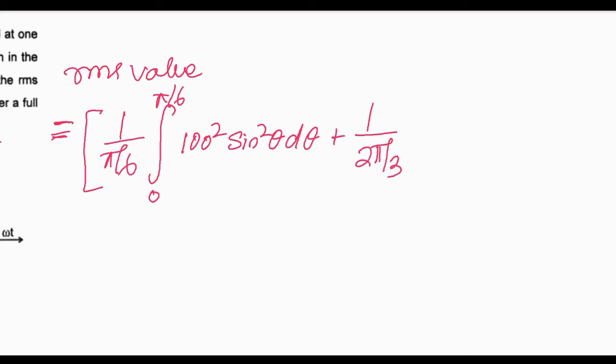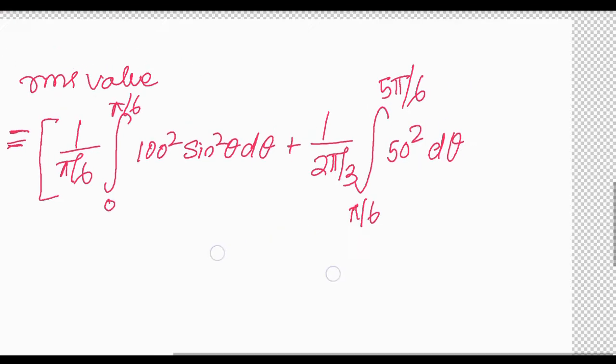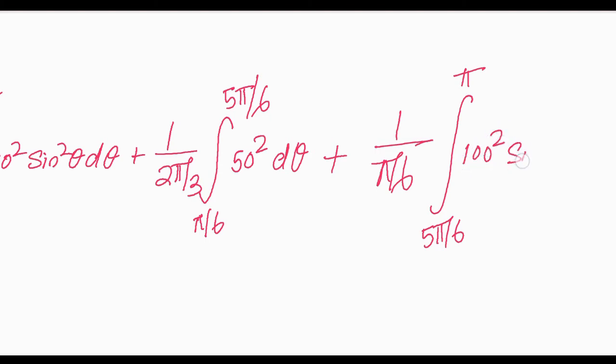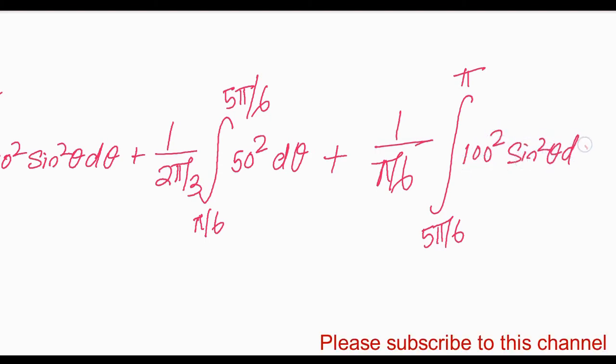So 1 by 2 pi by 3 integration from pi by 6 to 5 pi by 6 of 50 square d theta, plus 1 by pi by 6, this is the interval, integration from 5 pi by 6 to pi of the same 100 square sin square theta d theta.